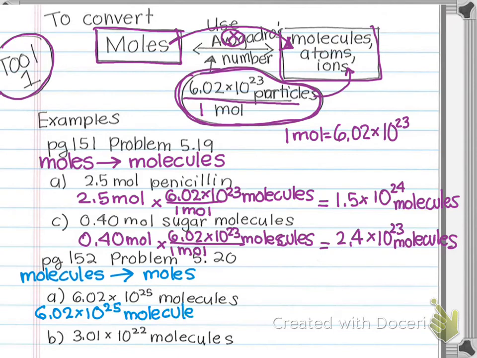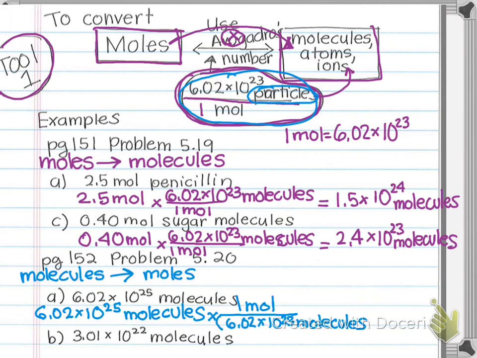Now looking up at Avogadro's number, I see that the 6.02 goes with the number of molecules, and so in this case I'm going to need to divide by the 6.02 times 10 to the 23rd molecules so that my units cancel. And I will put the 1 mole on the top.